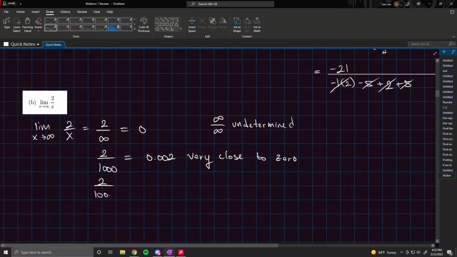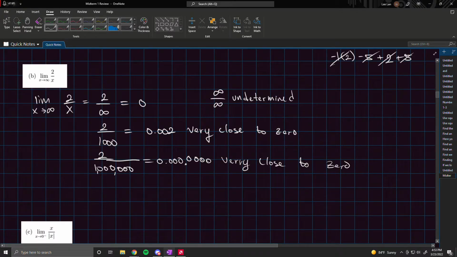So like 2 over a million, it's going to be 0.000, zero. Very, very close to 0. And infinity is a lot larger than a million. And at a million, we're already pretty close to 0. So any constant divided by infinity will just be 0.